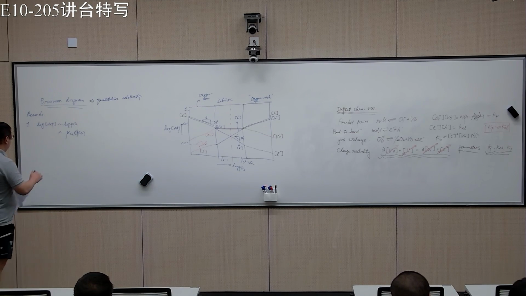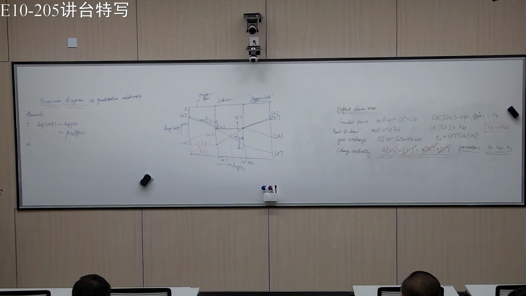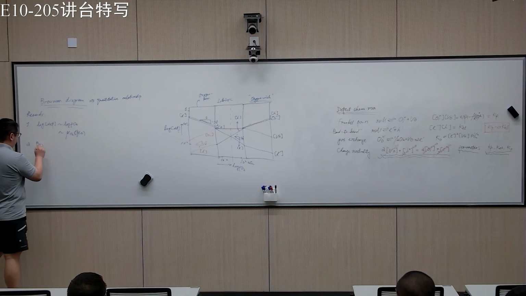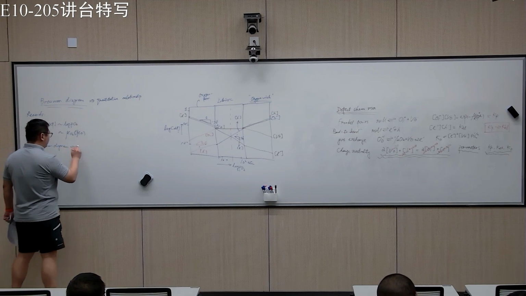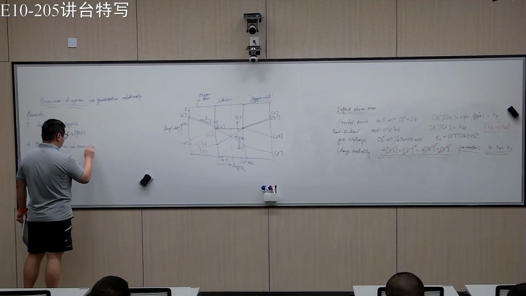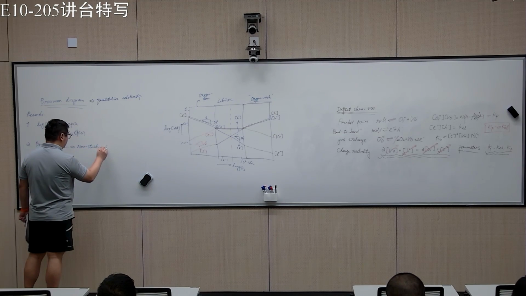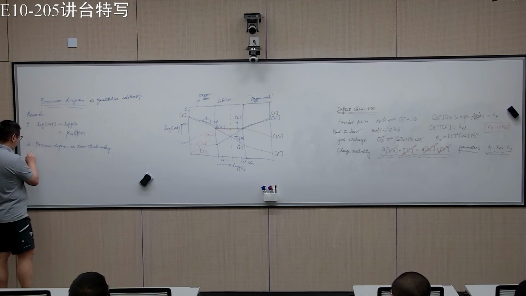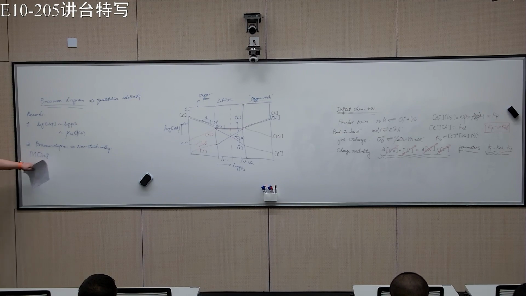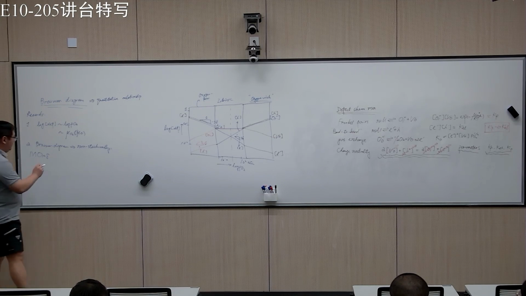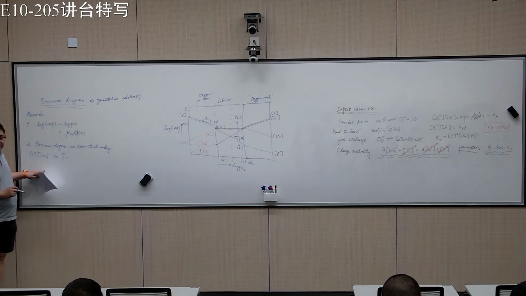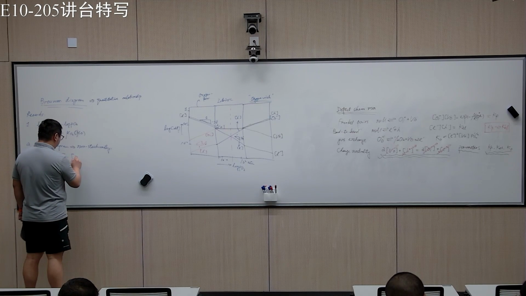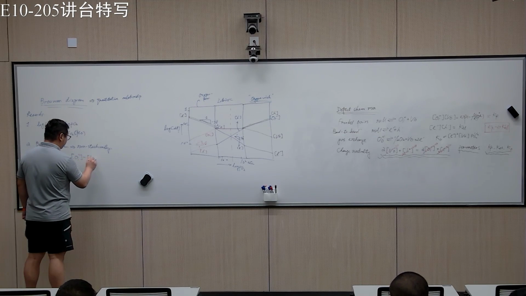The second one is we need to know how to convert from the Brouwer diagram to non-stoichiometry. What does that mean? If I say it's MO 1 plus delta, let's say delta is positive, then delta should be the number of oxygen excess, so basically the number of oxygen interstitials minus the number of oxygen vacancies.